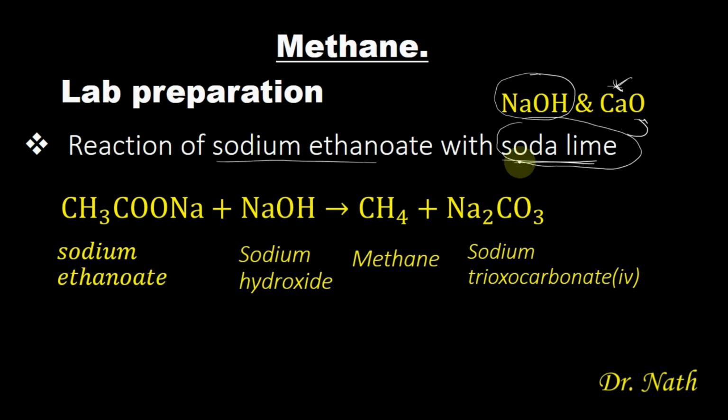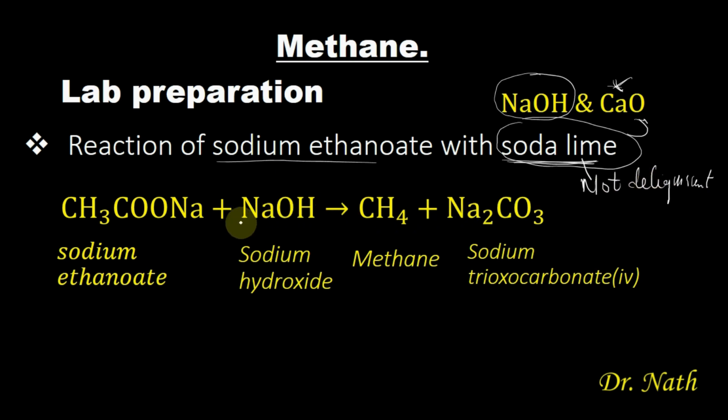So the reason why soda lime is preferred in preference to this sodium hydroxide in the preparation of methane is because this soda lime is not deliquescent. A deliquescent substance is a substance that will absorb water from the surrounding environment and dissolve in it.